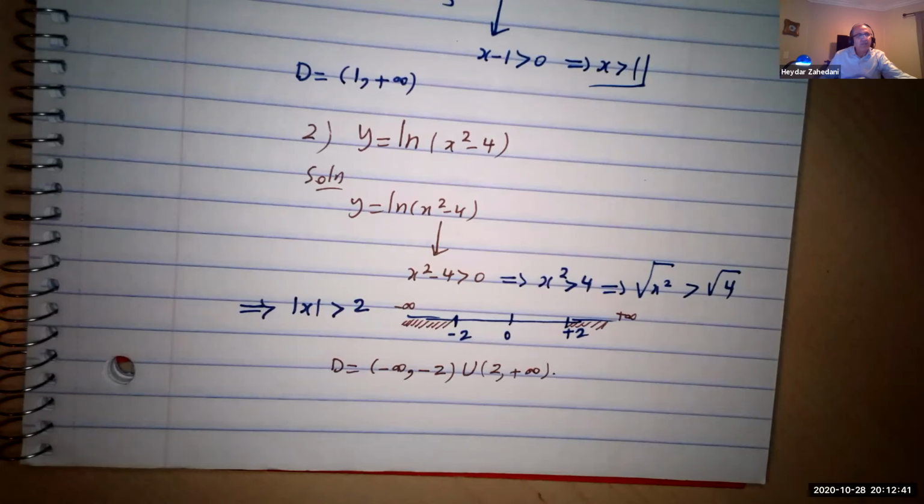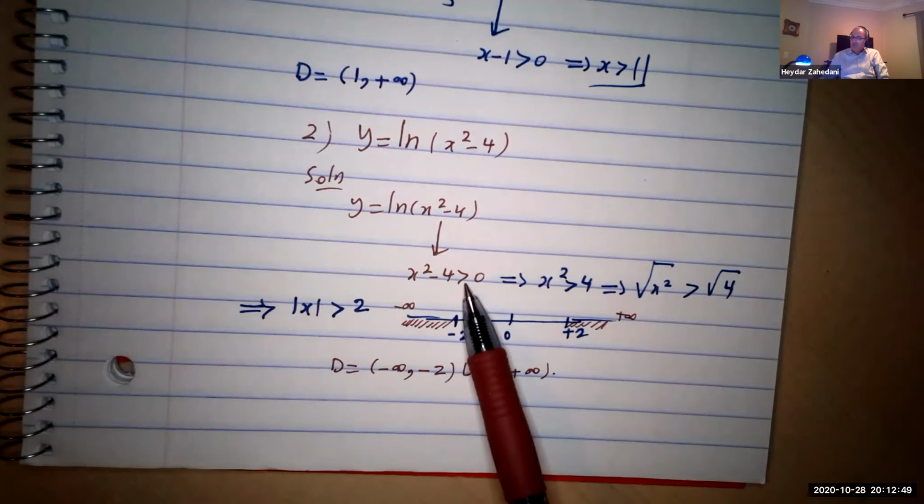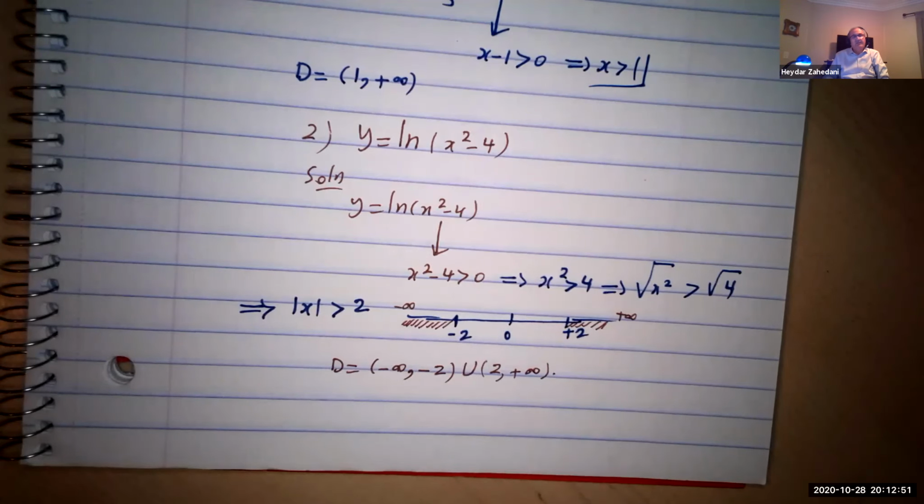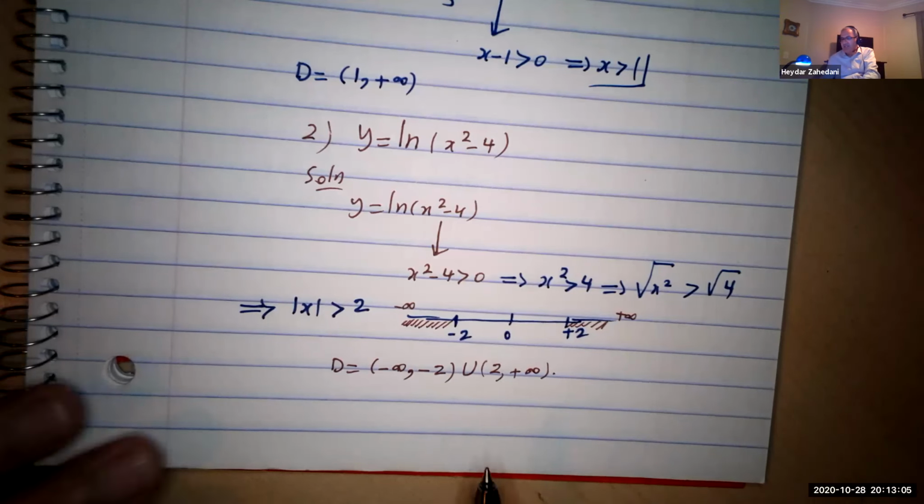Any question? So don't miss it. It's like the radical function that we check, but in the radical function we usually write greater than or equal to 0, but here there is no equality sign to get this number. So x squared minus 4 is a very popular function, so from time to time you may have to take care of this one. That's case 2.